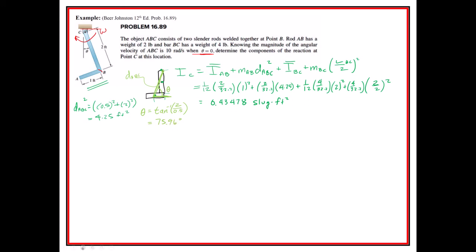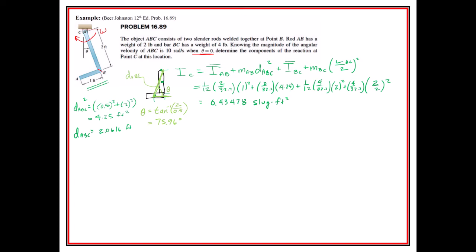I'm also probably going to want to know what dABC actually is. So I take the square root of 4.25, and I end up getting 2.0616 feet.